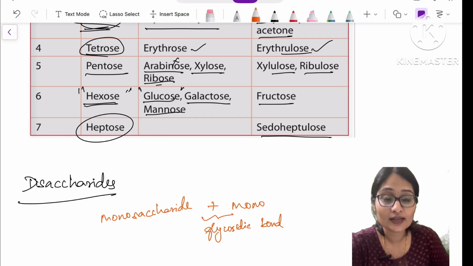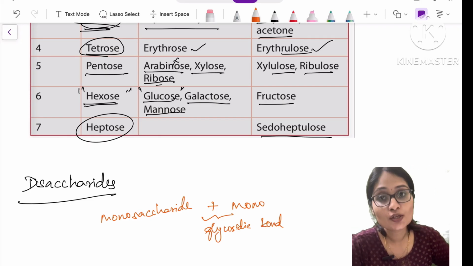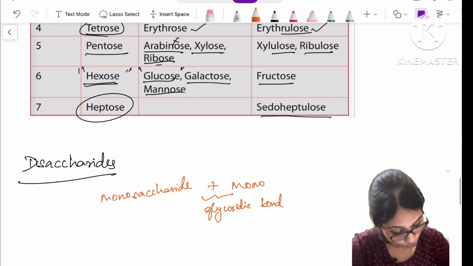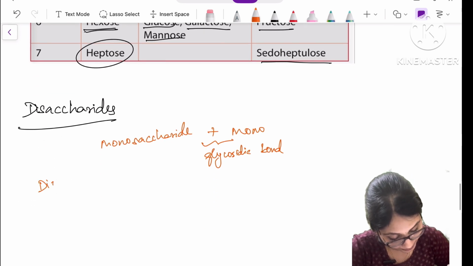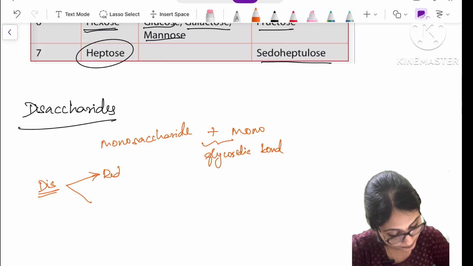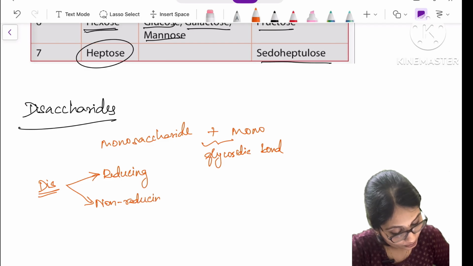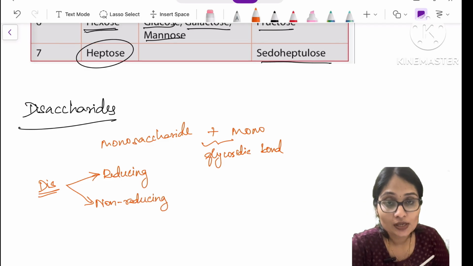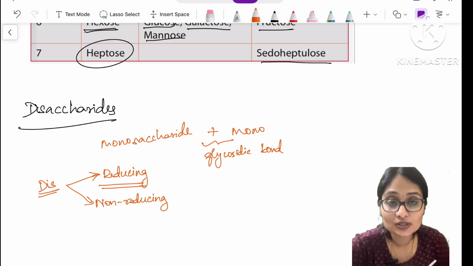And under disaccharides we do have a classification. Disaccharides can be classified into reducing disaccharides and non-reducing ones. So what are the examples under reducing disaccharides?